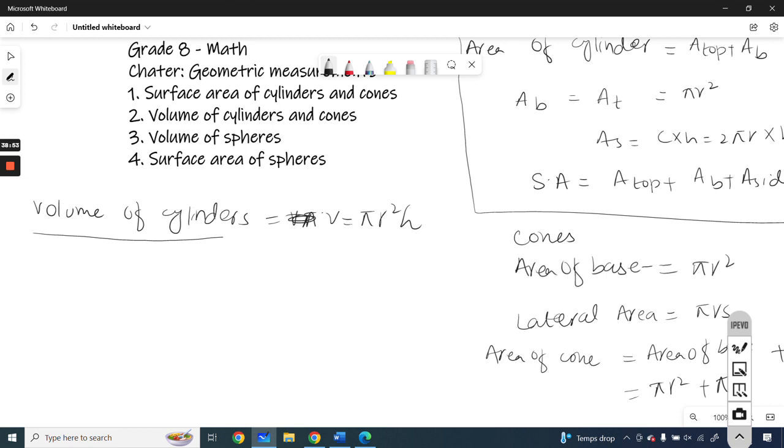And then for the volume of the cones, you have to do 1 by 3 pi r square H. Got it? Then we did the volume of the spheres.